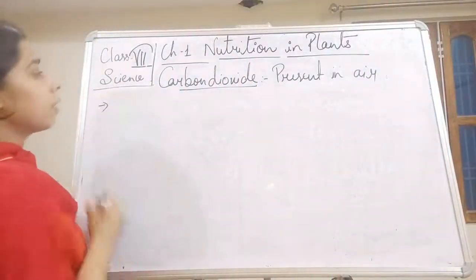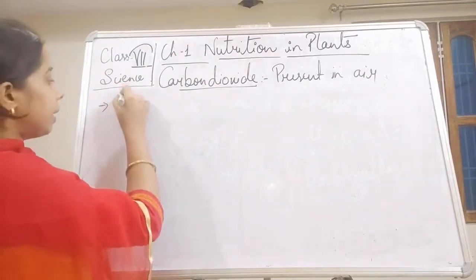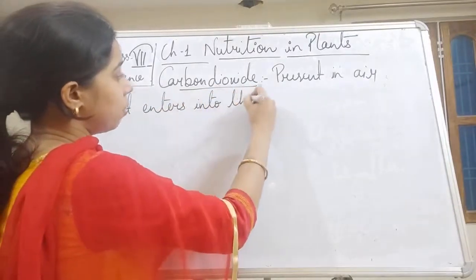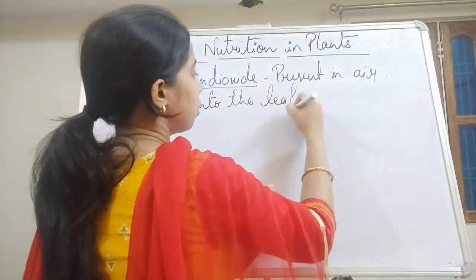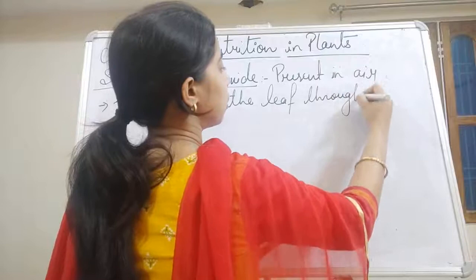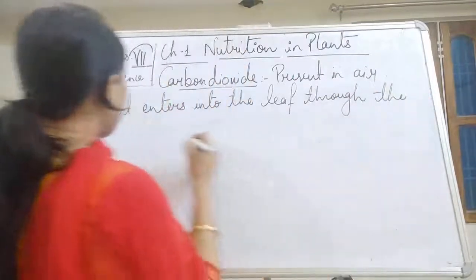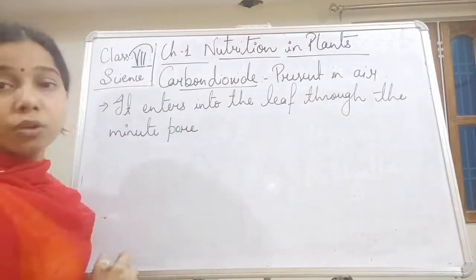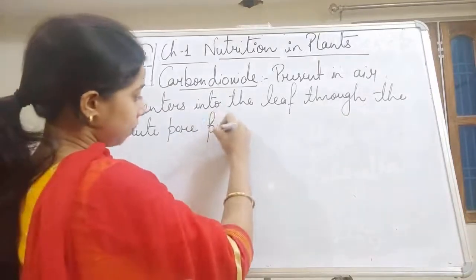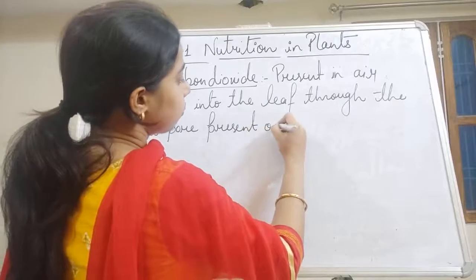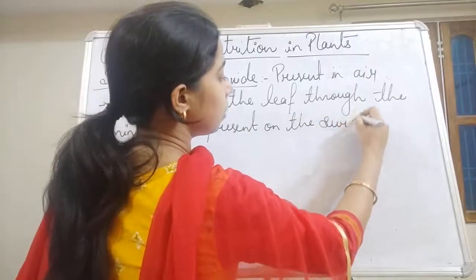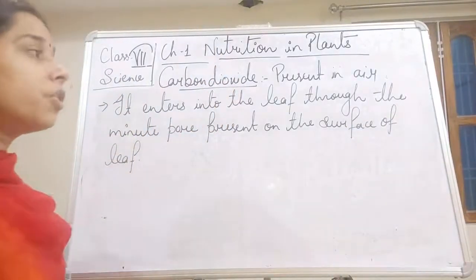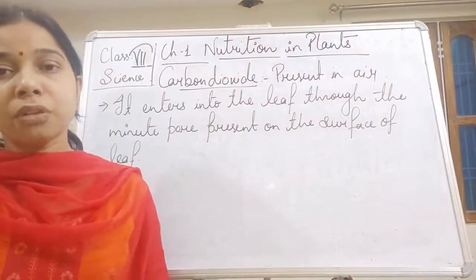The second point of this carbon dioxide is that it enters into the leaf through the minute pores present on the surface of the leaf.